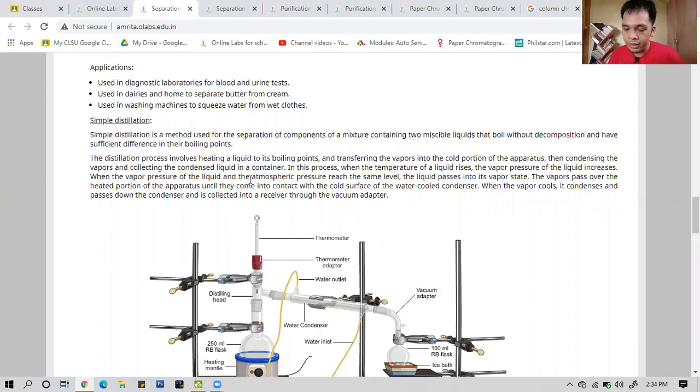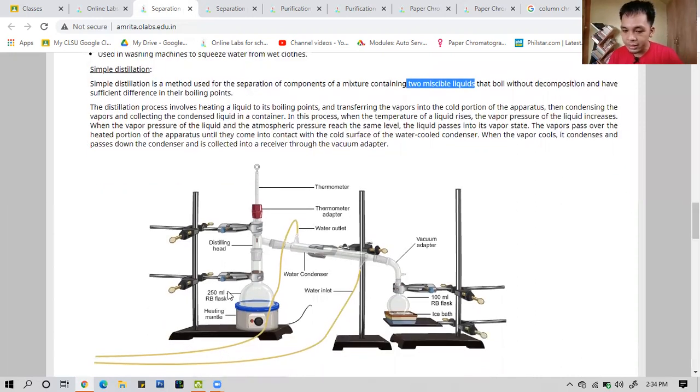You have to heat the substance first, and the one with the lower boiling temperature comes off first. For simple distillation, it only involves two miscible liquids, so only two components should be present when separating liquids.